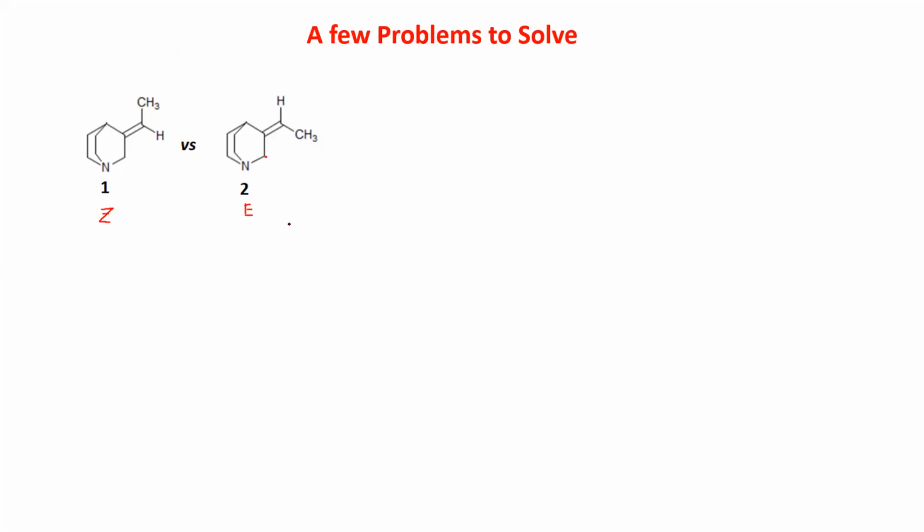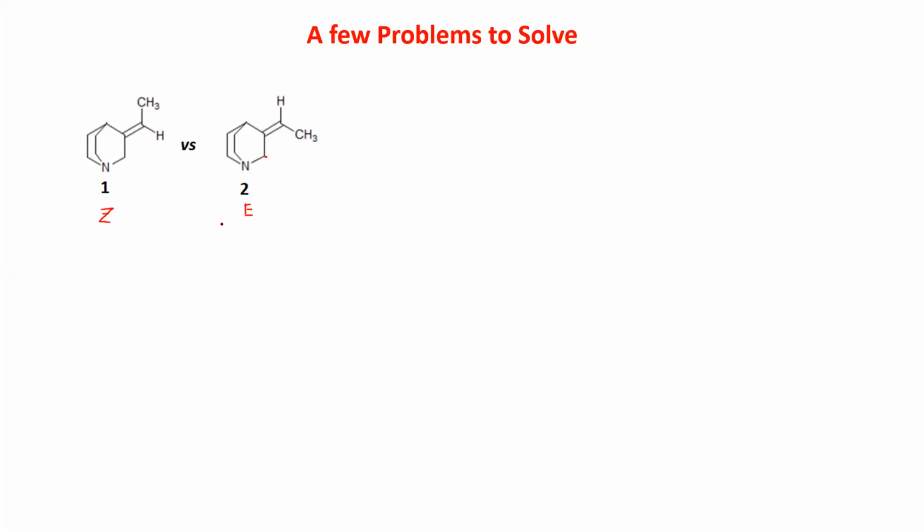Can anybody tell? So you have two molecules. It can be in Z or E form. So how to understand which form? Suppose one form is present in your sample. How to confirm that one through an NOE experiment?